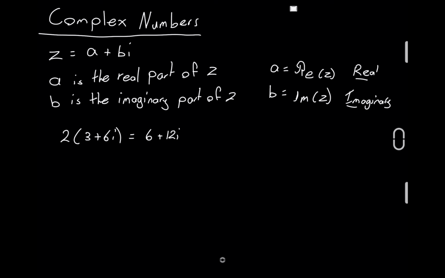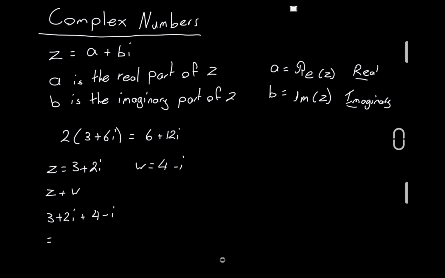If I've got z being equal to 3 plus 2i and w being equal to 4 minus i, I want to find z plus w. Well, that's just going to be 3 plus 2i plus 4 take i, which we can see we'll just add the real parts together and the imaginary parts together.